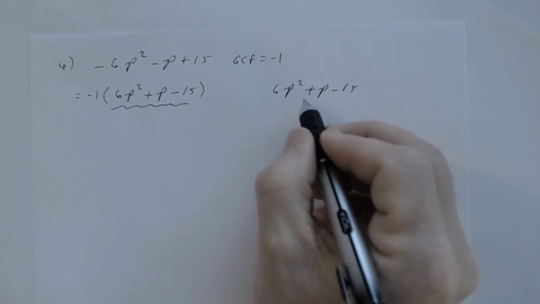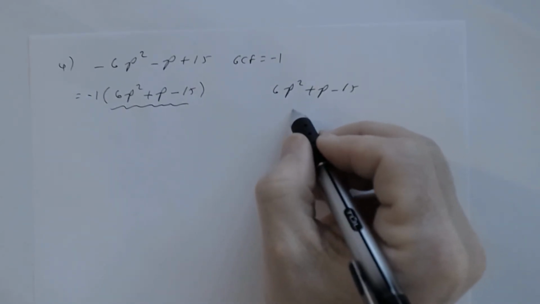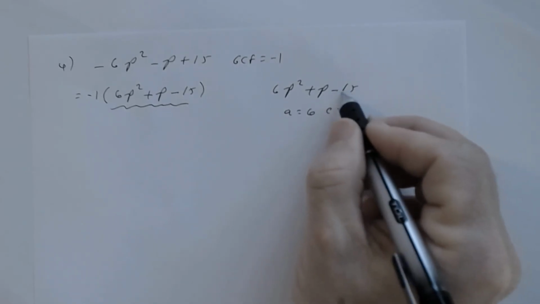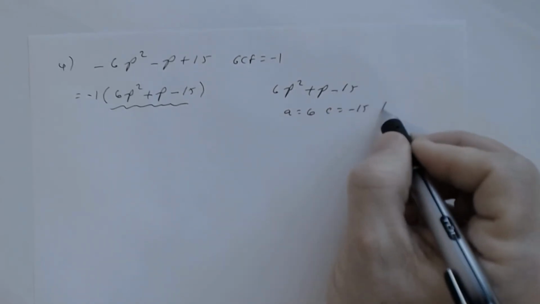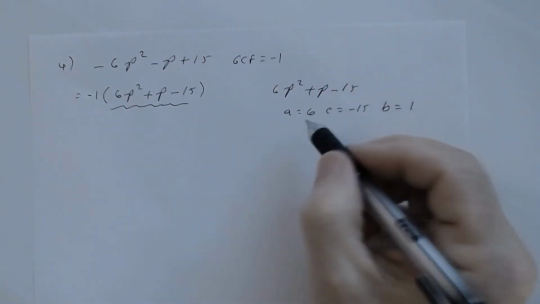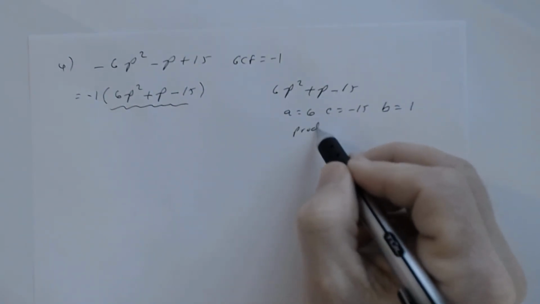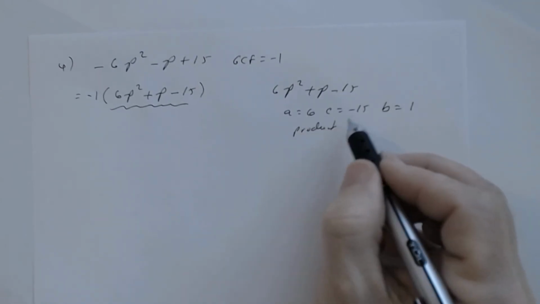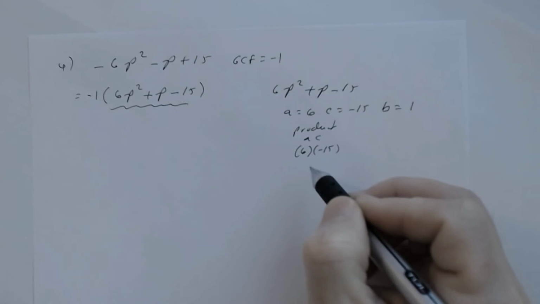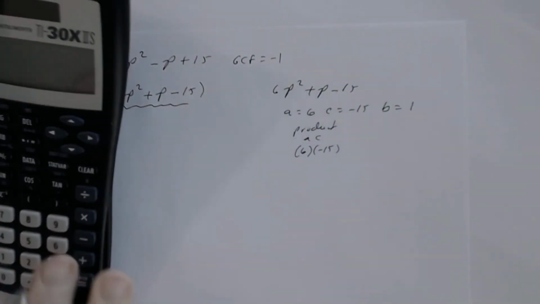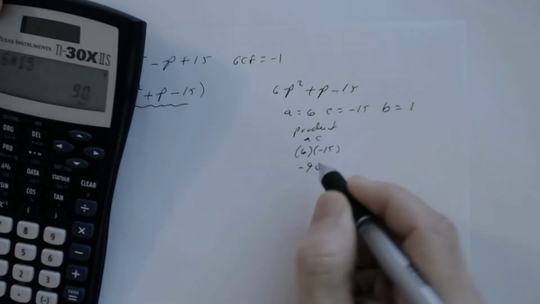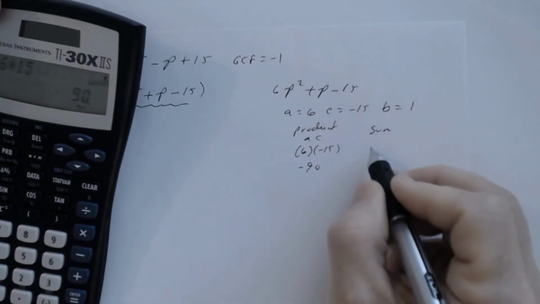All right, so A is 6, C is negative 15, and then B is the coefficient of p, which is 1. So I want to find two numbers whose product is, remember it's AC, 6 times negative 15, and so 6 times negative 15 is negative 90, and whose sum is 1.